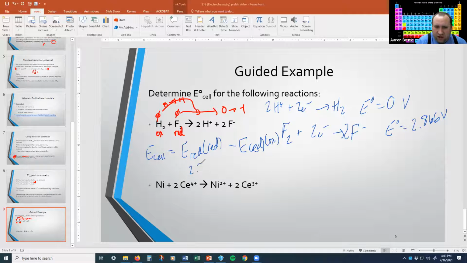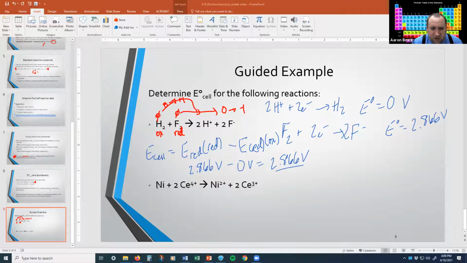So 2.866 volts minus 0 volts gives me 2.866 volts. That's how much voltage we should expect from this hydrogen-fluorine voltaic cell.